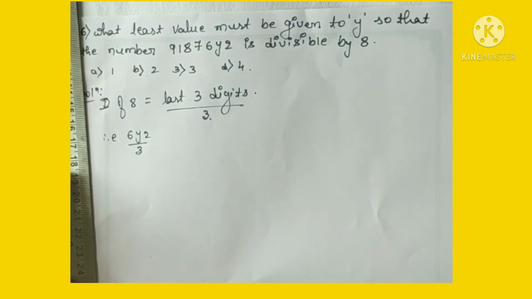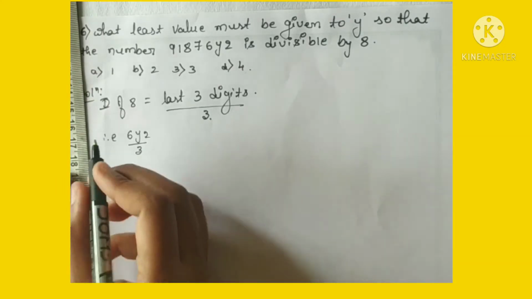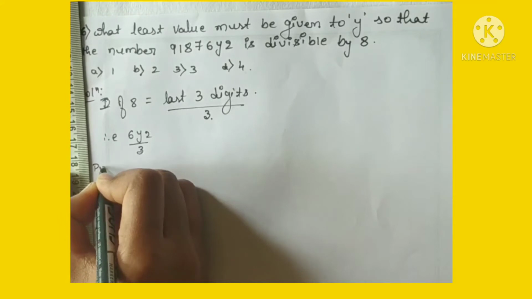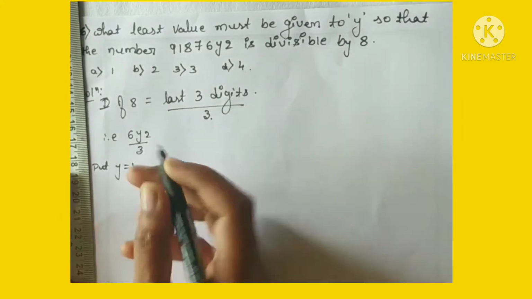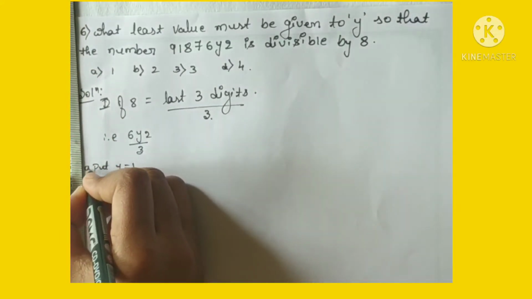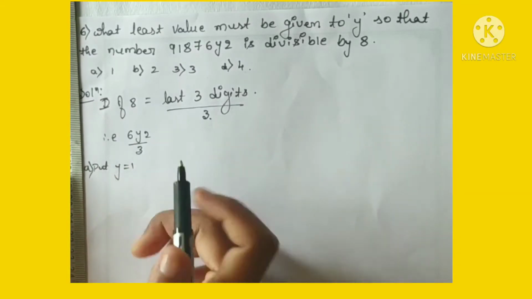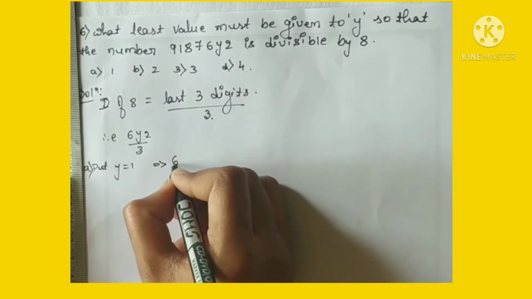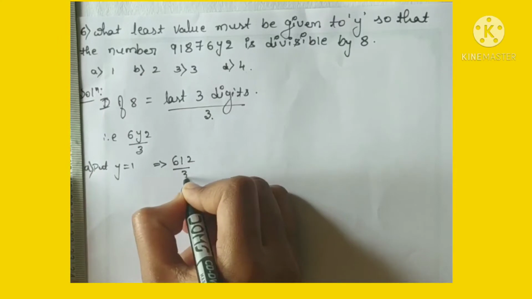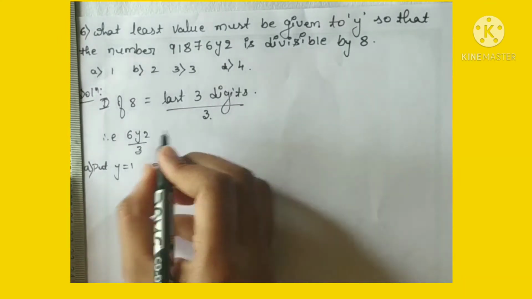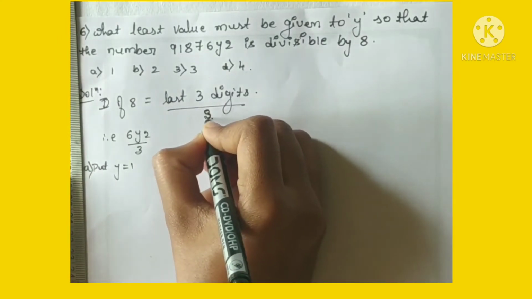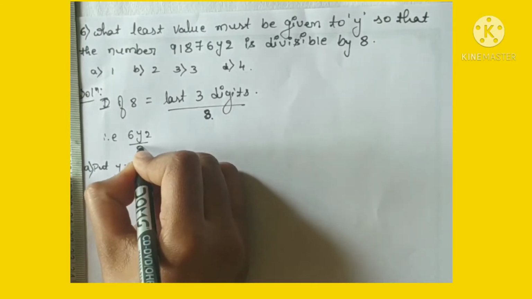Now I put the values of y according to the given options and check whether the last 3 digits are divisible by 8 or not. Now I put y is equal to 1 according to option A. Then it becomes 612 by 8.